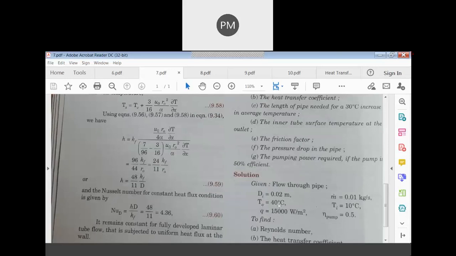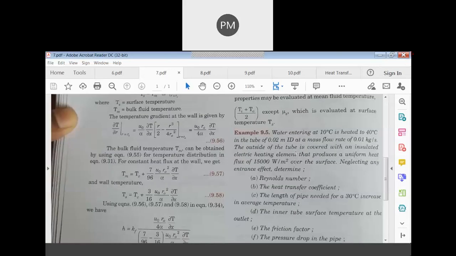I told you T naught or Te are both the same. I showed you the formula with Te as the exit temperature of the fluid, whereas here in the book they have represented it by T naught.